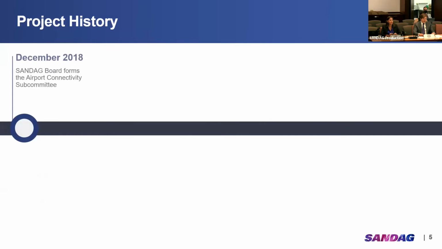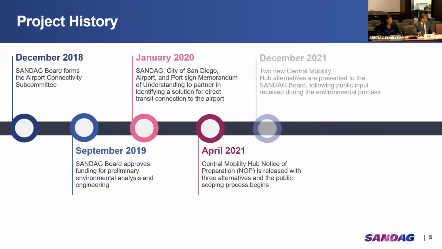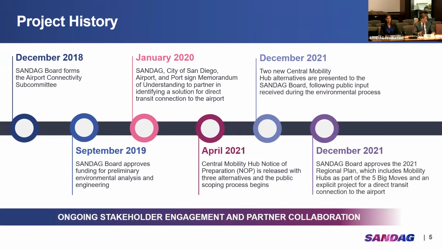As Colleen mentioned, a little bit of the history of this project. In 2018, the board formed the Airport Connectivity Subcommittee. This subcommittee looked at solutions to solve the longstanding problem of how to integrate the current and future modes of transportation and to connect the airport to transit. The subcommittee made recommendations to the board to explore 3 options. The first was a central mobility hub at the Navy's Old Town campus.